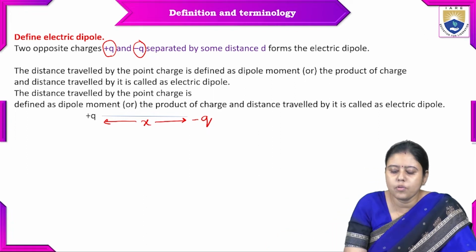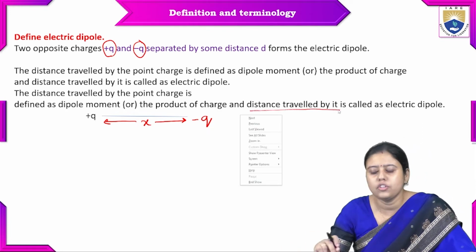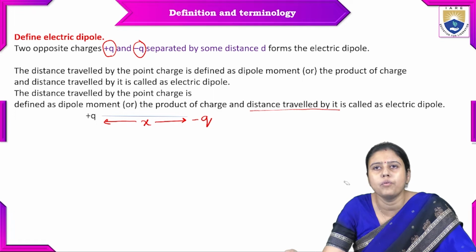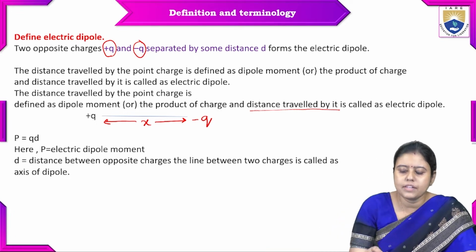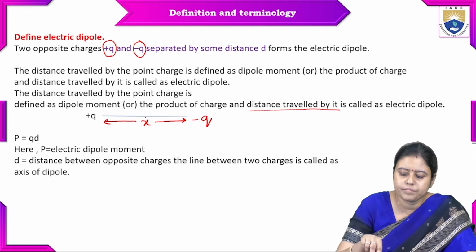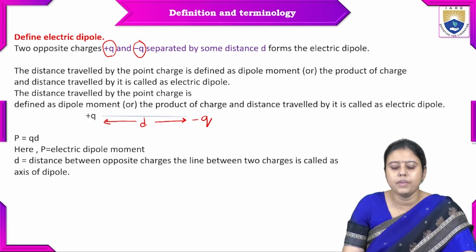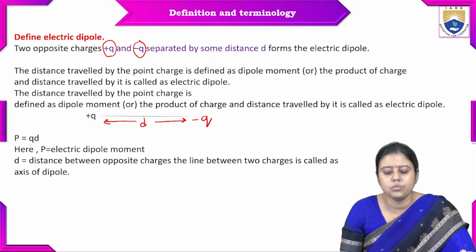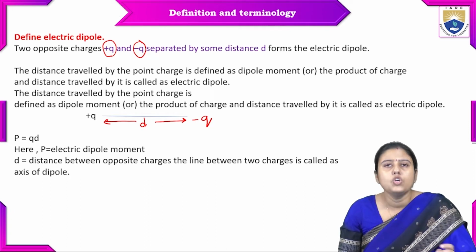The product of the charge magnitude and the distance between them is known as the electric dipole moment. If the distance is d, then P is equal to Q into D. P is the electric dipole moment, Q is the magnitude of the charge, and D is the distance between the two charges on opposite sides.